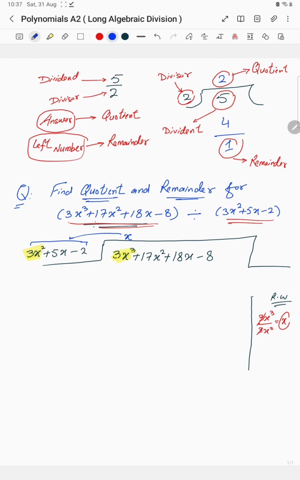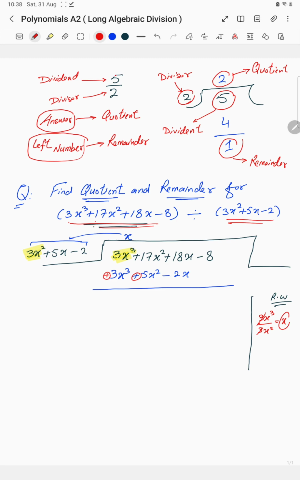We get 3x square with the x, we get 3x cube. X multiplied with plus 5x will be 5x square. X multiplied with minus 2 is minus 2x. Once you write it like this, always change the signs for the new term.